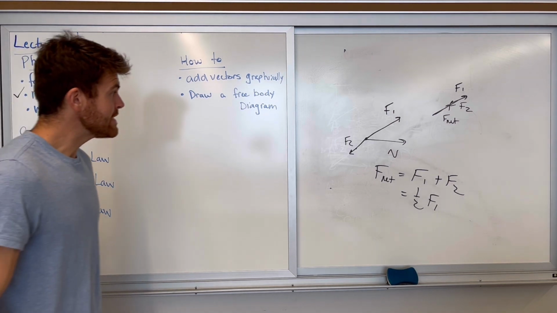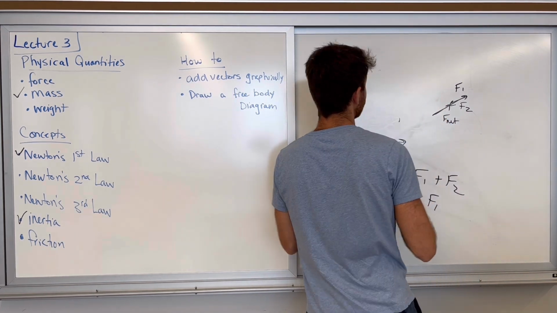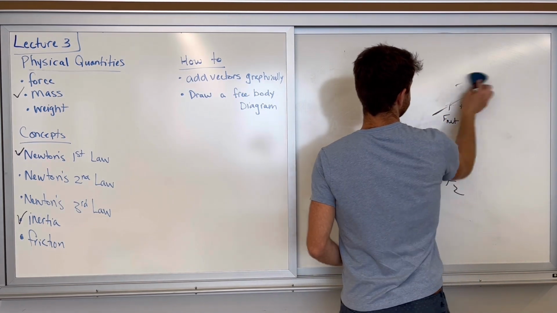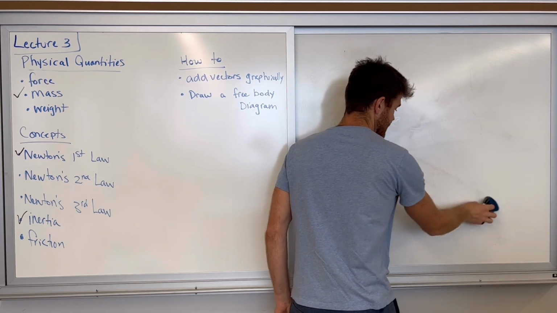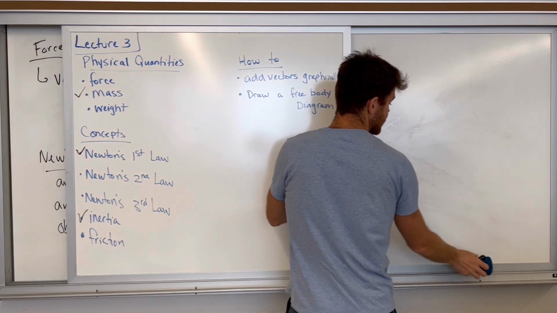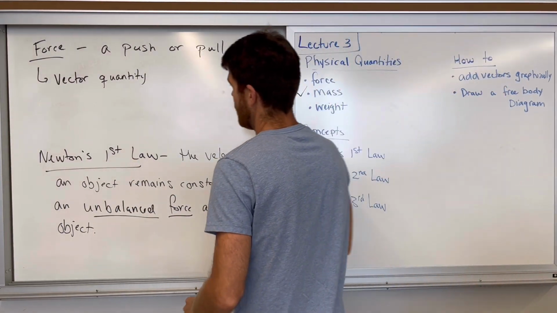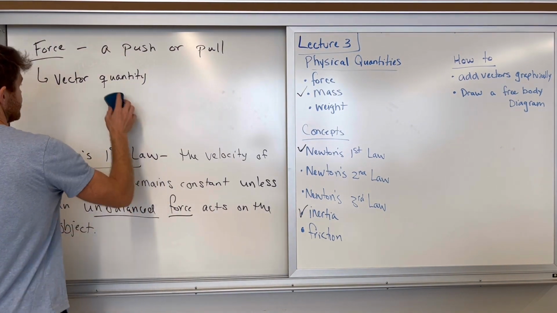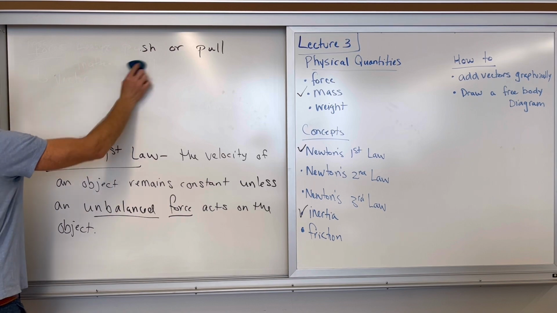And so that brings us to Newton's second law. So Newton tells us, all right, if there are no unbalanced forces acting on an object, its velocity remains constant. Its motion does not change. Newton then told us, well, what happens if there is an unbalanced force?